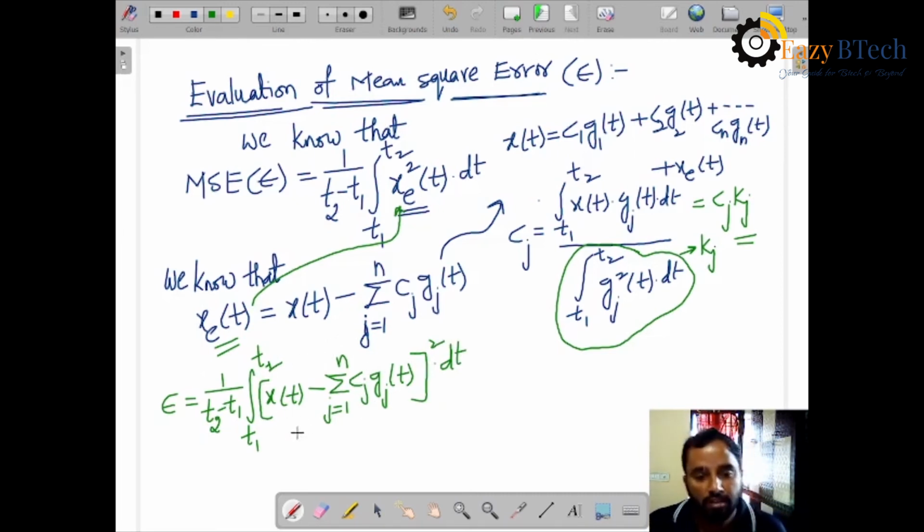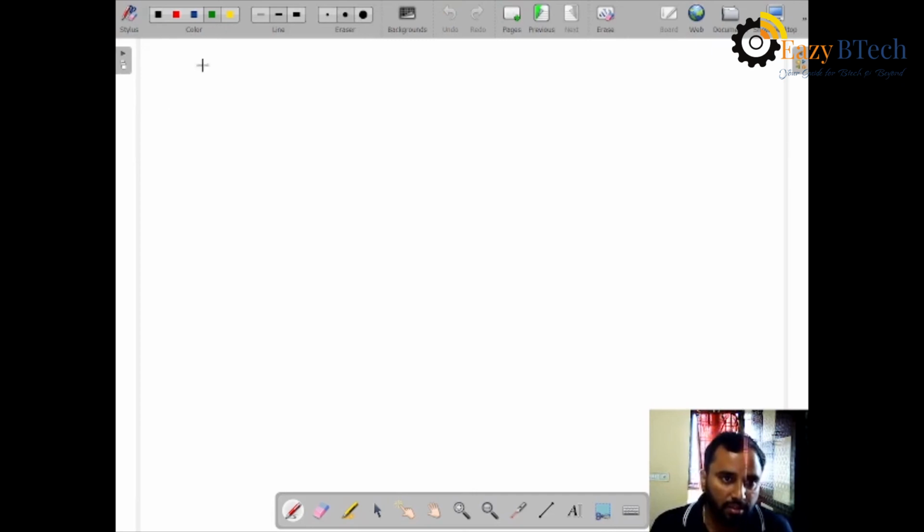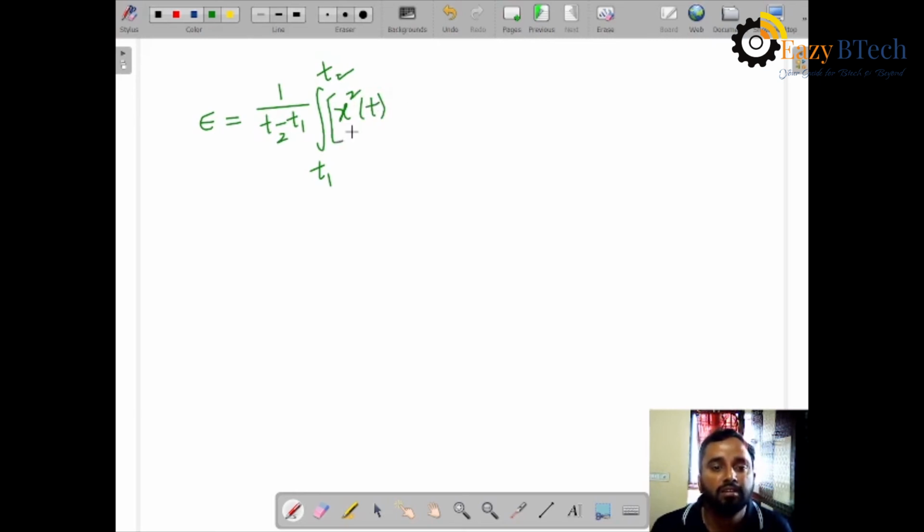Now if you observe it, it is like a minus b whole square. Now I am going to expand it. So epsilon is equal to 1 by t2 minus t1, integral t1 to t2. First, a square, that is x square of t, and b square, plus summation j equal to 1 to n b square.